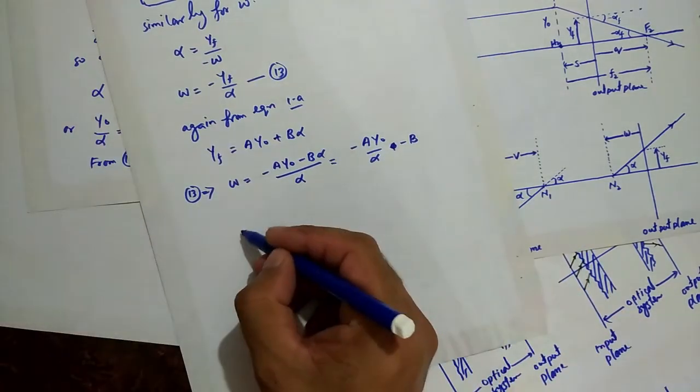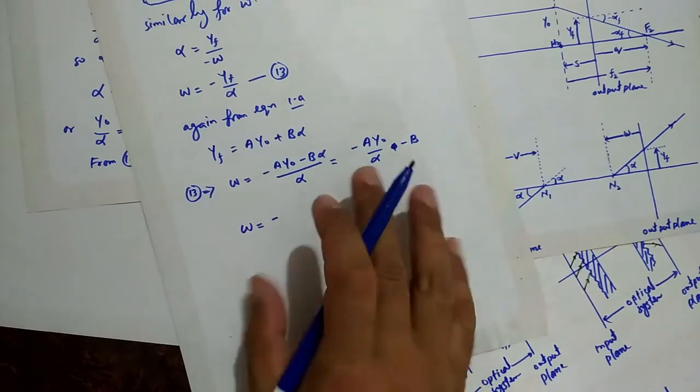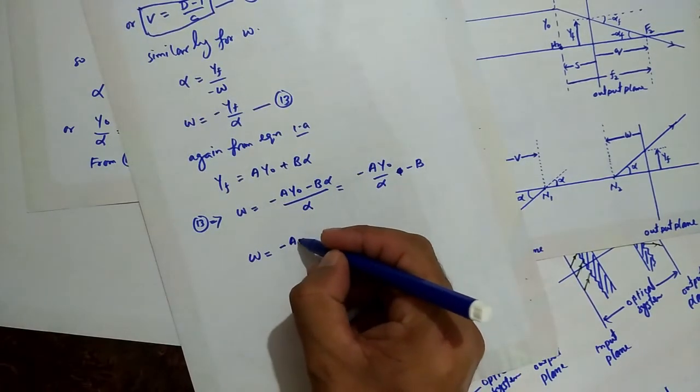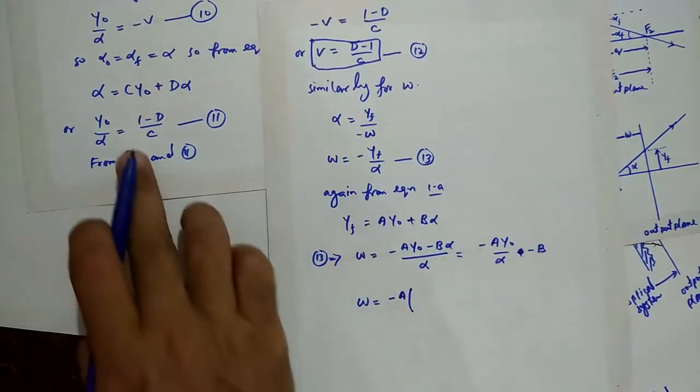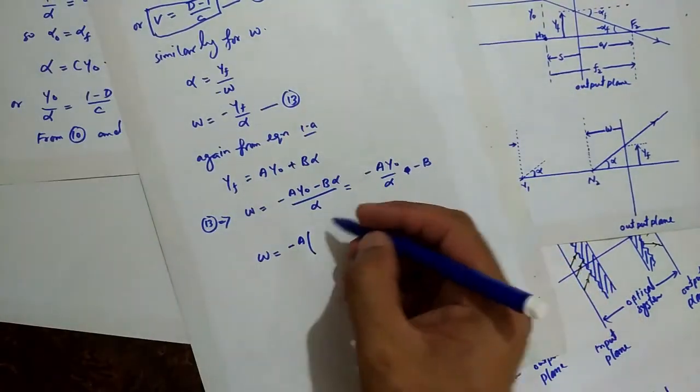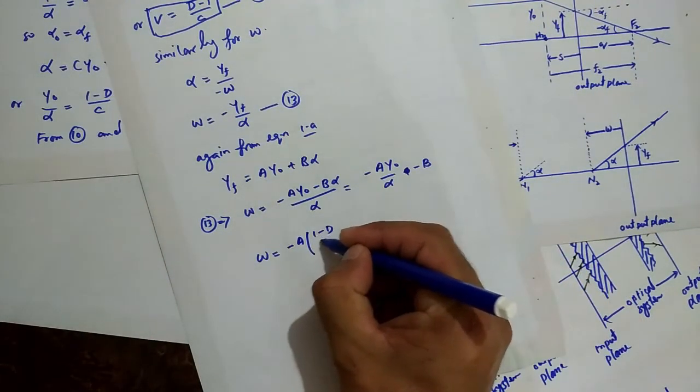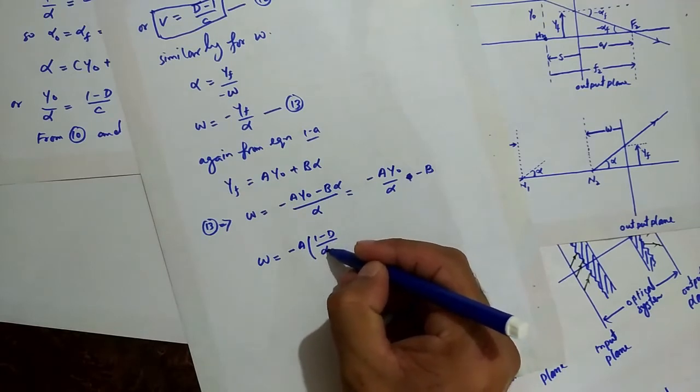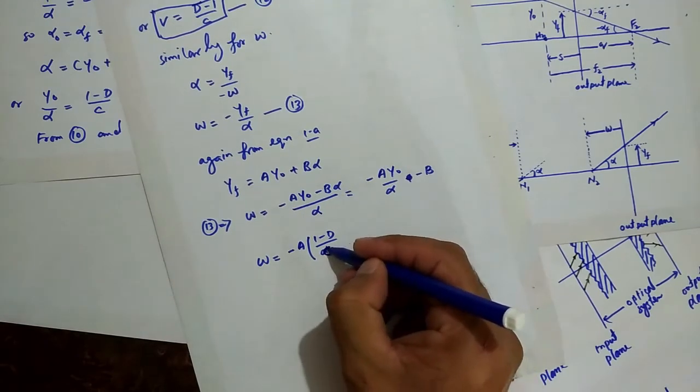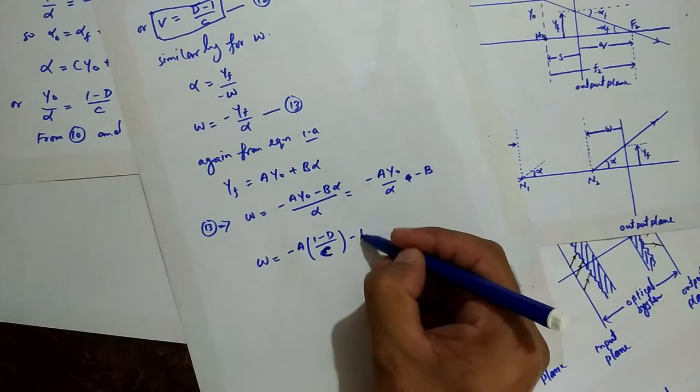So I can write it as omega is equal to minus a times y naught over alpha, which is 1 minus d upon c, minus b.